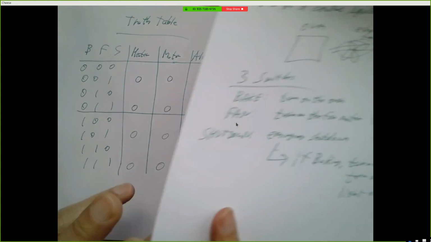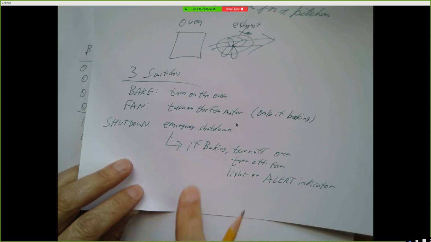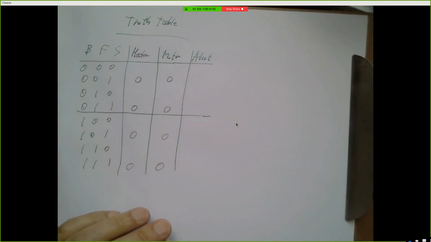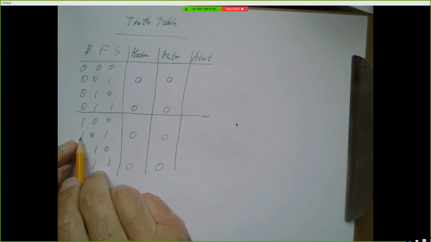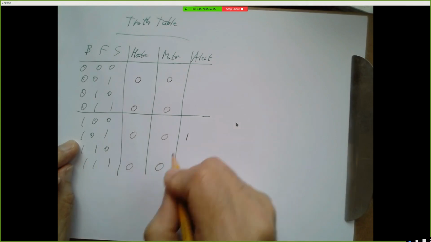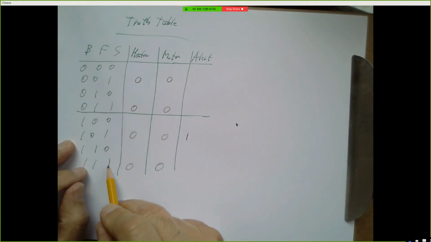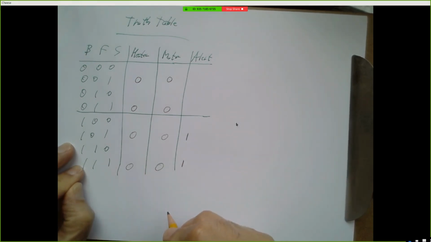All right, and the alert should turn on whenever you shut down if you were baking. So look at the cases where we're asking for a shutdown and we were also baking. That's right here. We were saying let's bake, and then we hit the shutdown, so the alert should go on. And here we were saying let's bake and let's have the fan on, and let's shut down, so that'll be an alert.